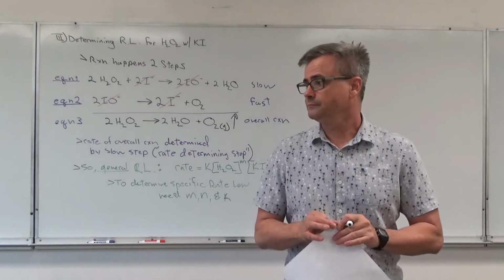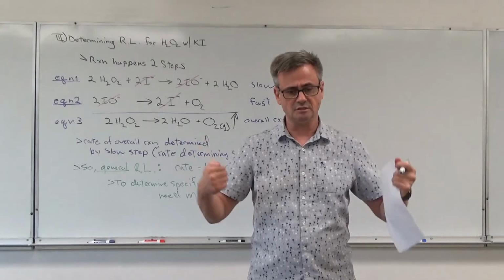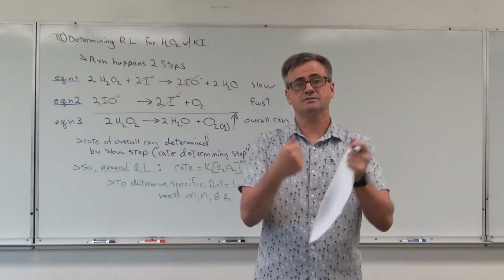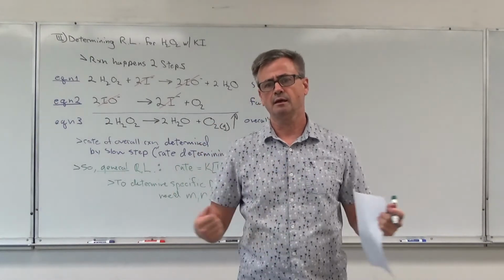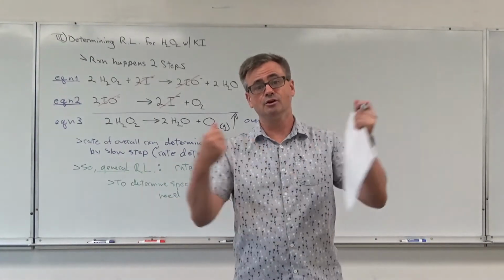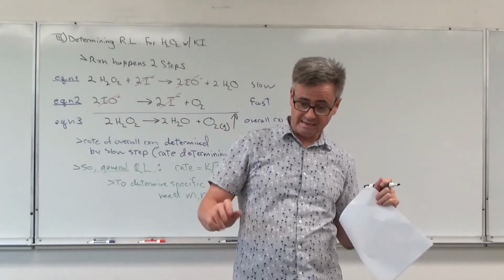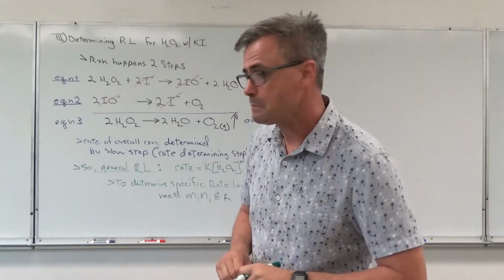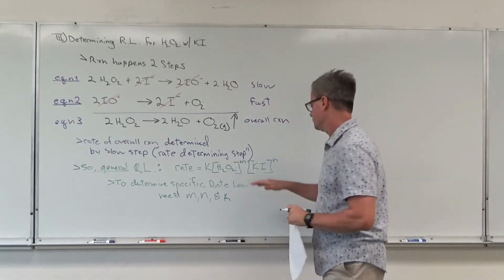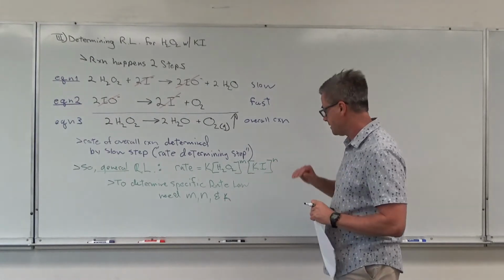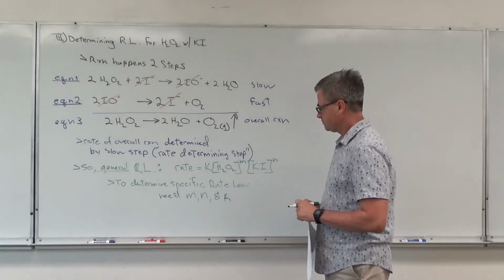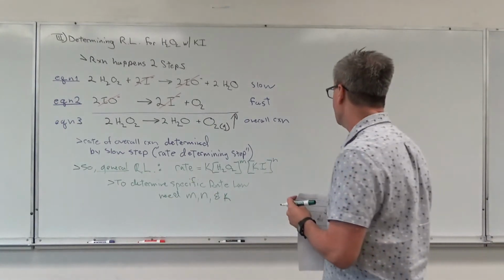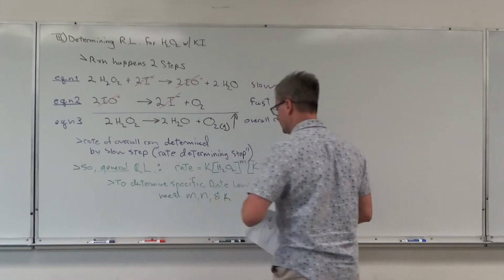If there's a certain amount of energy that these collisions take, k gives you an idea of how fast those collisions are happening. The more you heat that up, k is going to increase because you're getting more and more collisions. But if we're trying to determine m and n for our specific rate law, all those reactions have to be done at the same temperature. You're going to see that we do it at room temperature to figure out our specific rate law.